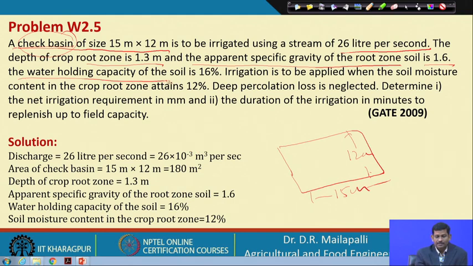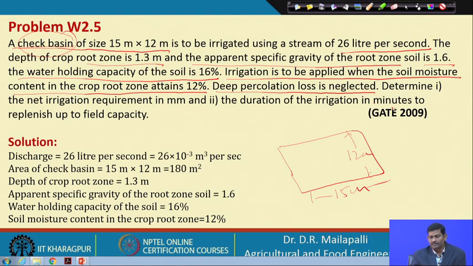The water holding capacity is 16%, that is field capacity, and irrigation is to be applied when the soil moisture content in the crop root zone attains 12%. So, this is our threshold, and deep percolation loss is neglected.